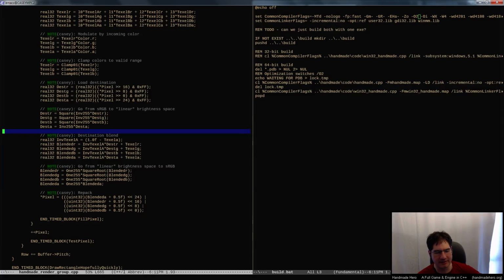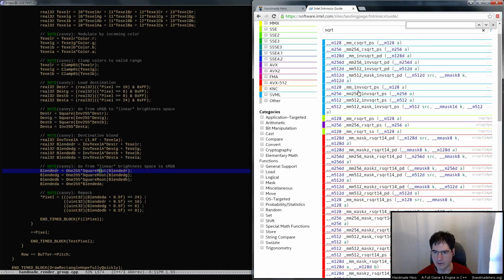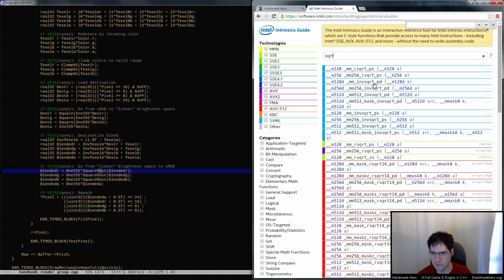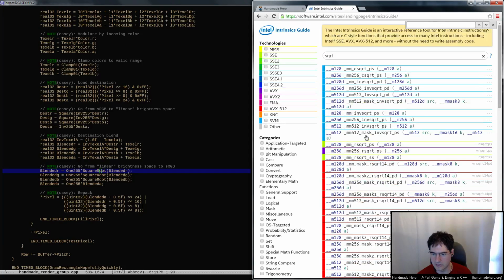It's an inverse square root, so I don't think we have access to the regular square root. I don't actually remember whether the regular square root is in there or not. Let's see here. I think they added that later. I'm sorry, I've never used this. This was something that someone on the stream pointed out to me. It's pretty cool, but I've never used it before, so I'm kind of lame at actually finding it.